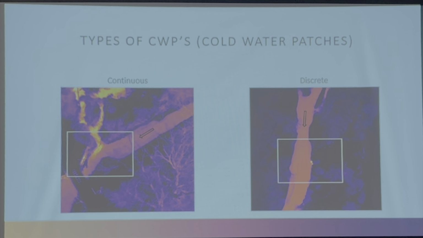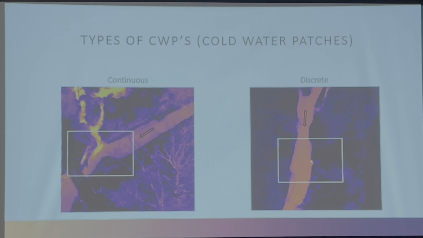The other type of cold water patch is discrete. It's like a very small single spring that's entering from the margin of the river. Because of its size, it gets reduced by the current, so you don't see the full thermal cushion that you see with a continuous patch.